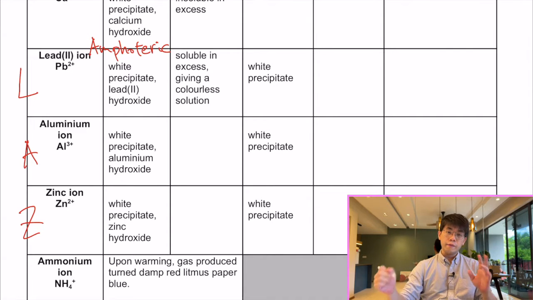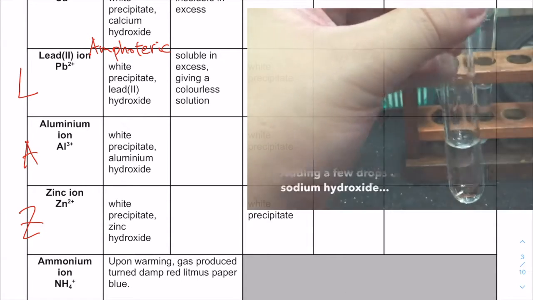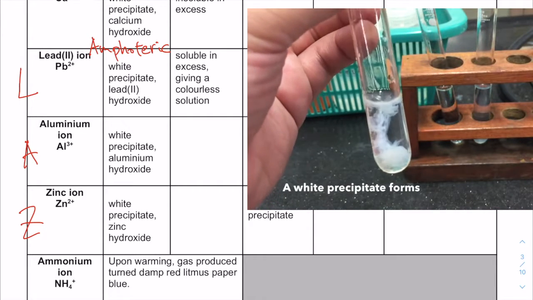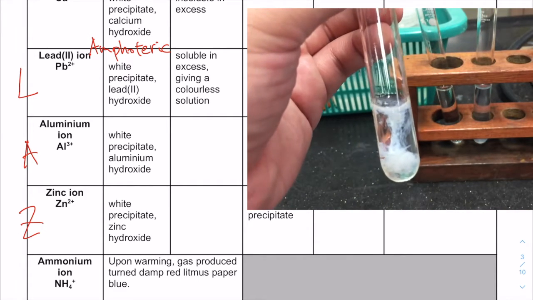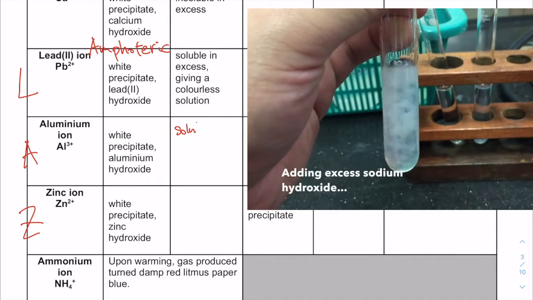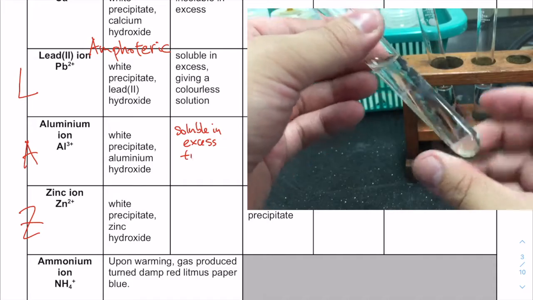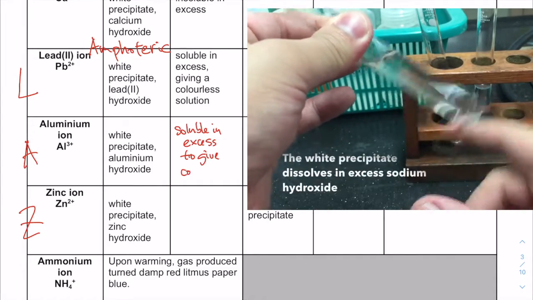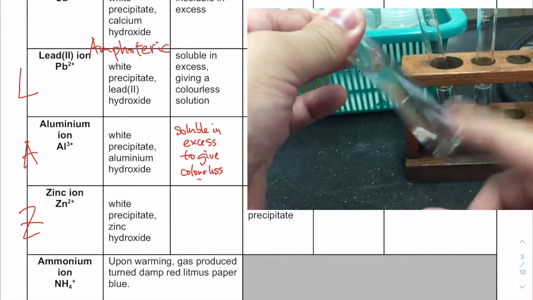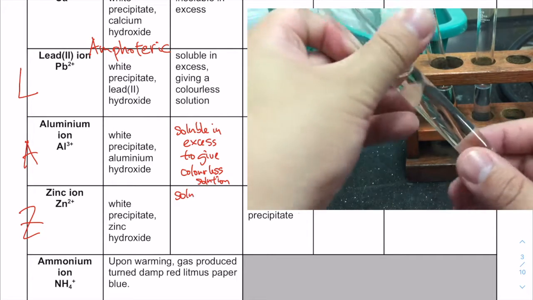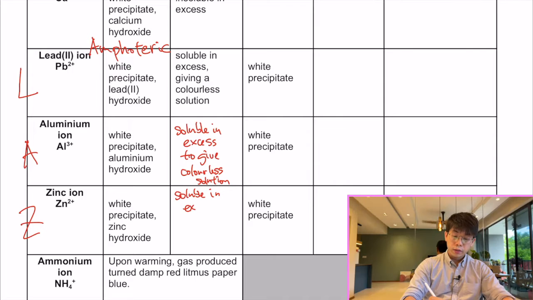Because these are amphoteric oxides and hydroxides, they can react with more sodium hydroxide to form a colorless solution. So all three of them are soluble in excess to give a colorless solution, including the zinc ion, because it's amphoteric.